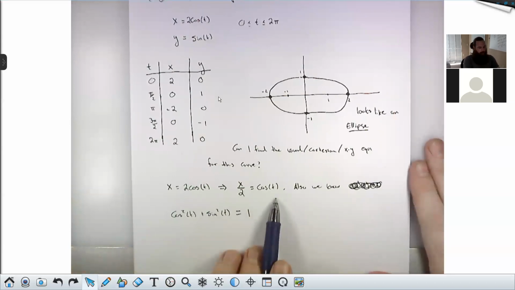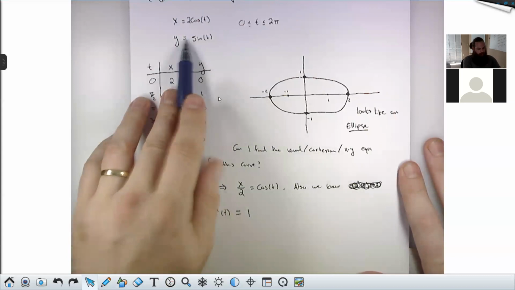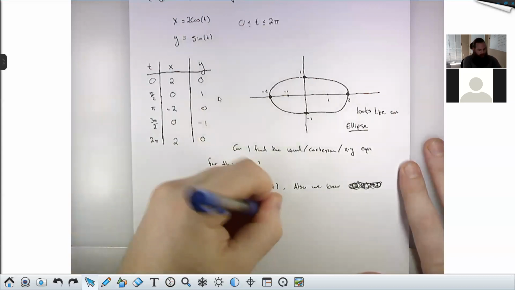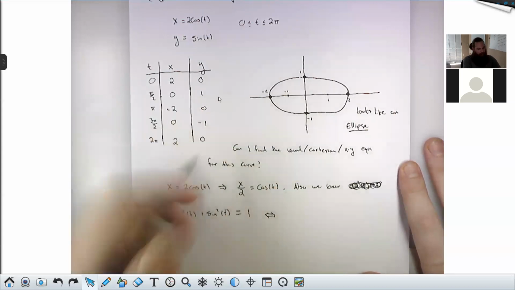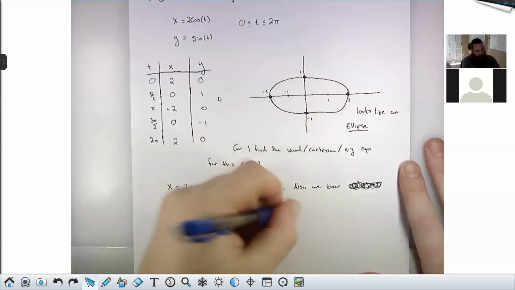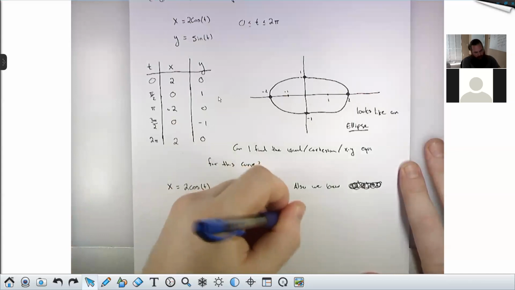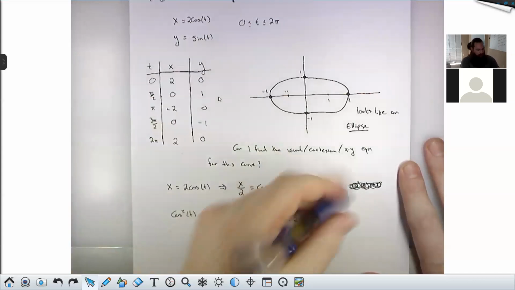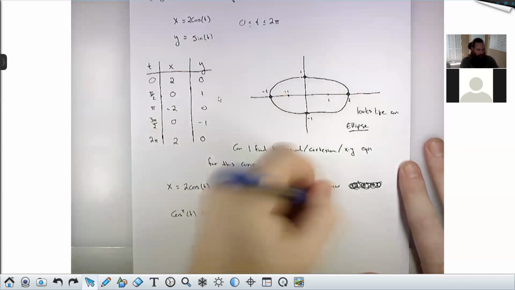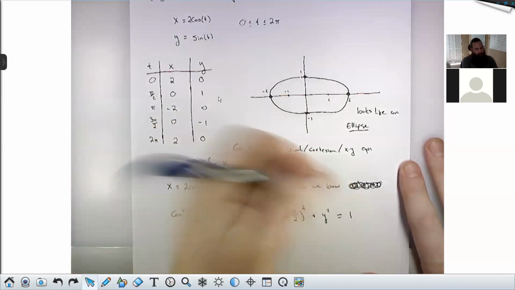So here I've got cos t, that's x over 2, so cos squared is x over 2 all squared, plus sine t, well that's y, so y squared is equal to 1.